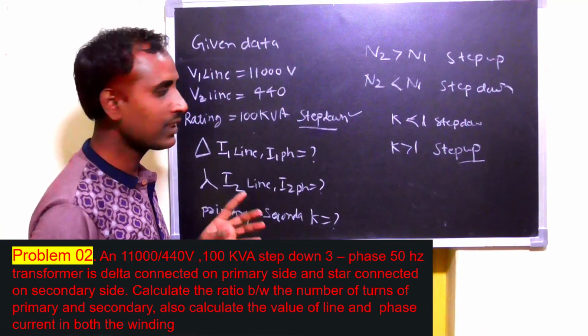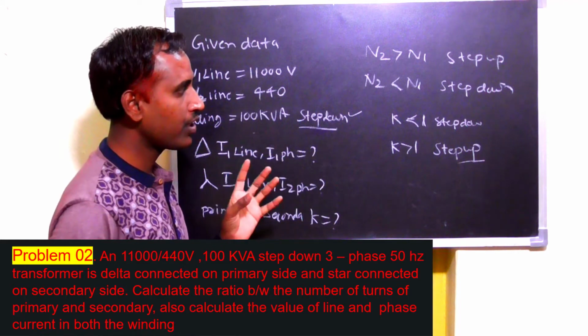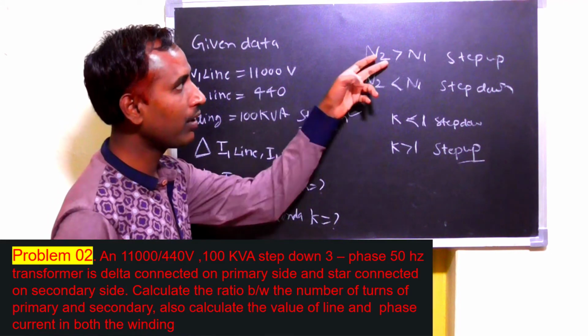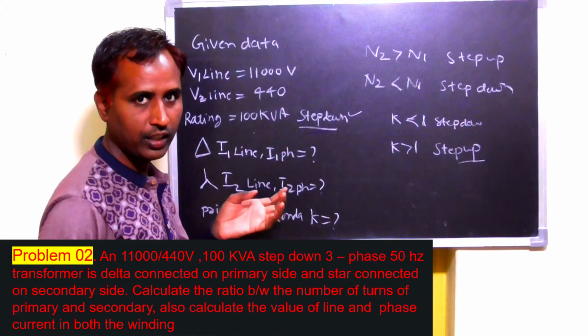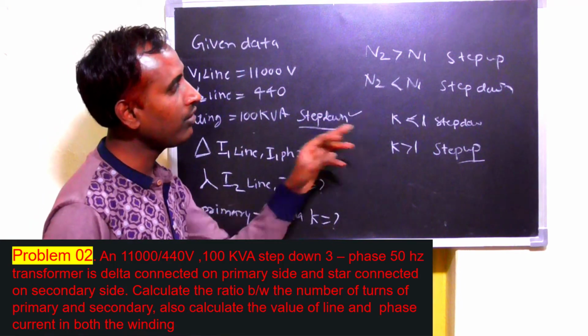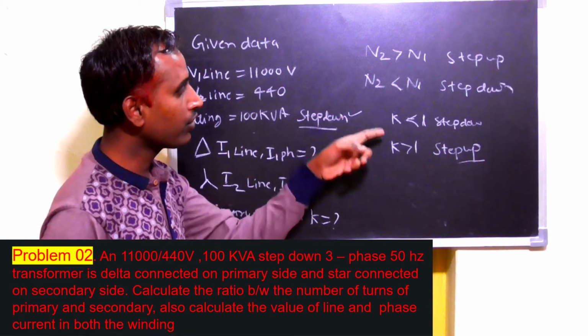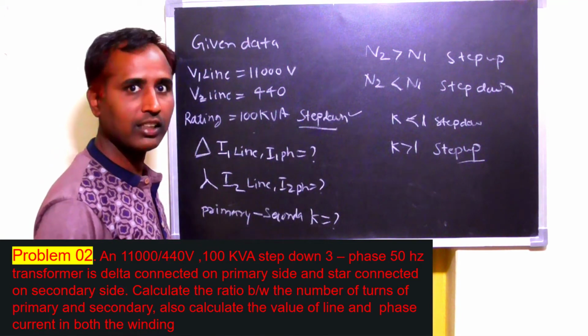But in the books, what he is telling is that this N1 N2 relation is only applicable for the number of turns ratio. When we are using the number of turns ratio, then this formula is applicable. But for the transformation ratio, this formula is not applicable, he tells in the books.